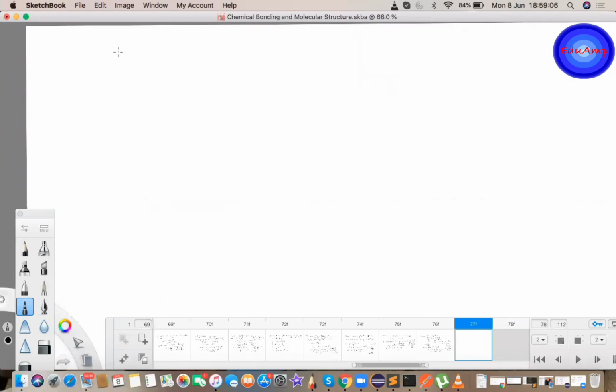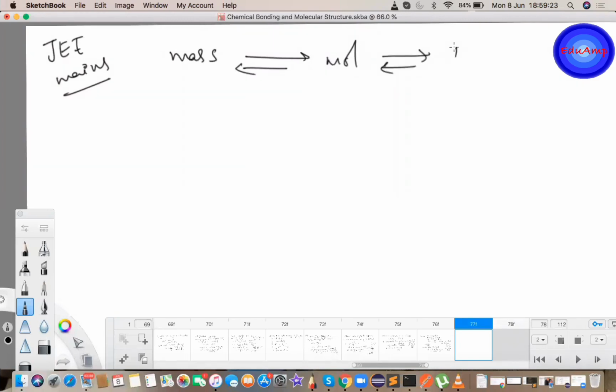Okay, now let's move on to some JEE Mains level. That would be mass, mole, and number relation.